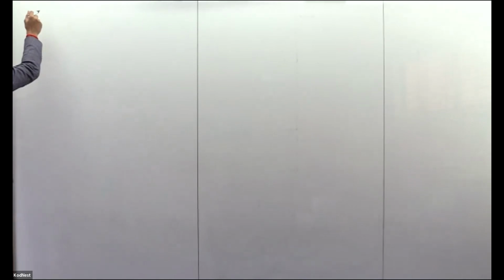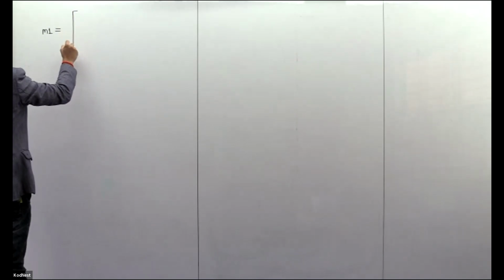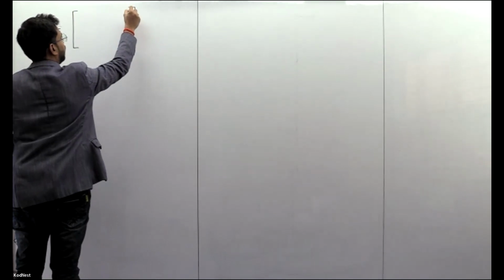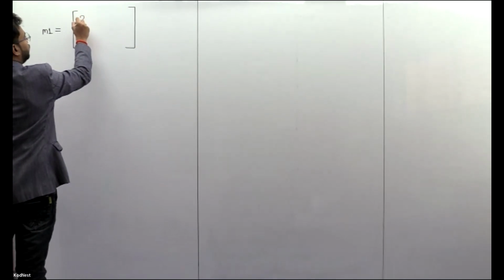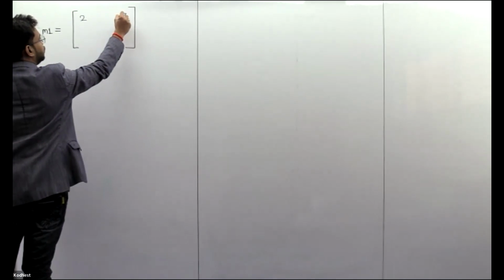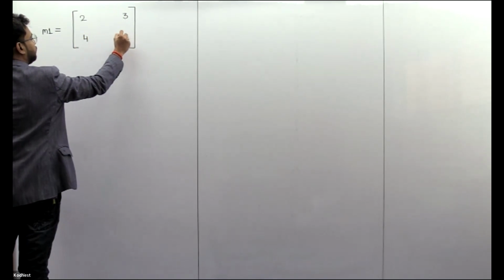Assume that I am having one matrix here, so maybe I will call this the M1 matrix. It is a 2 cross 2 matrix, and I will write 2, 3, 4, and 5.